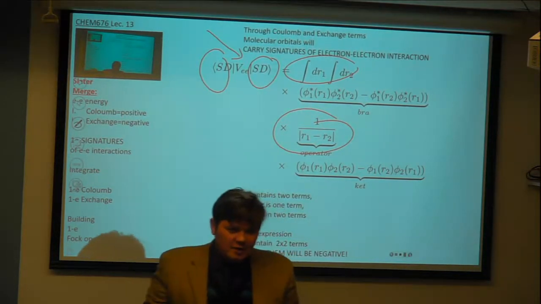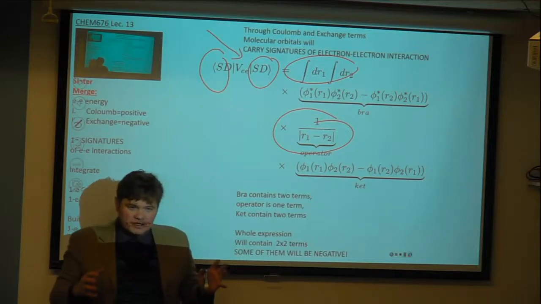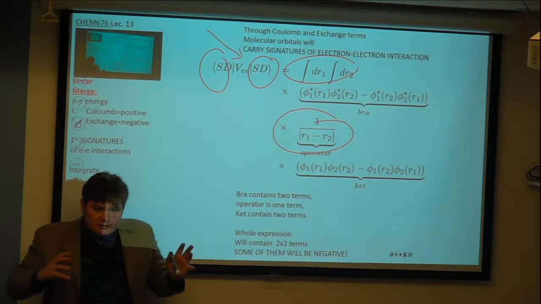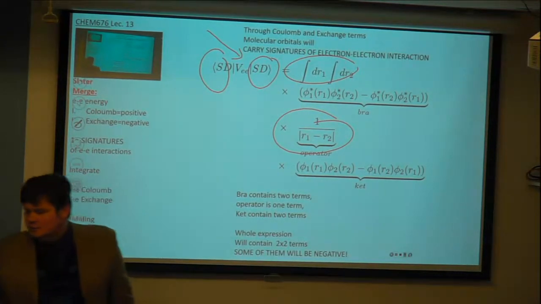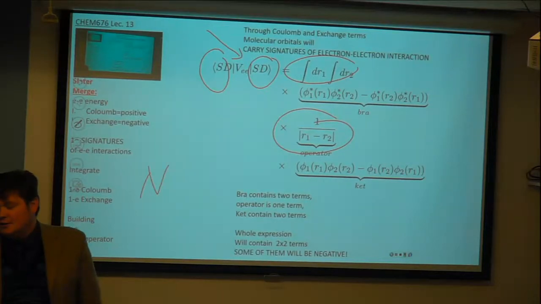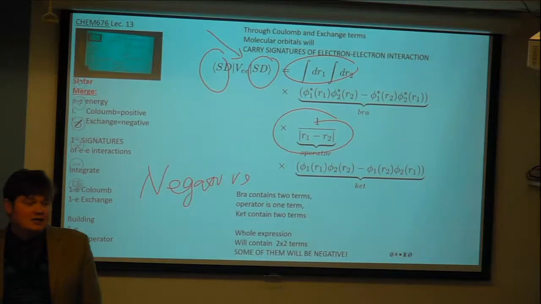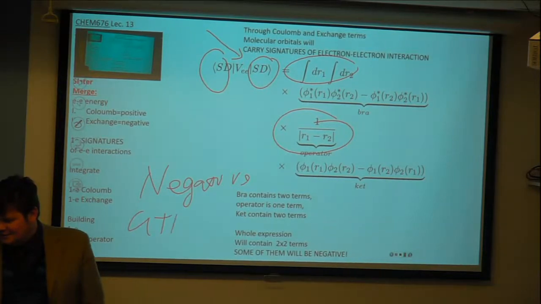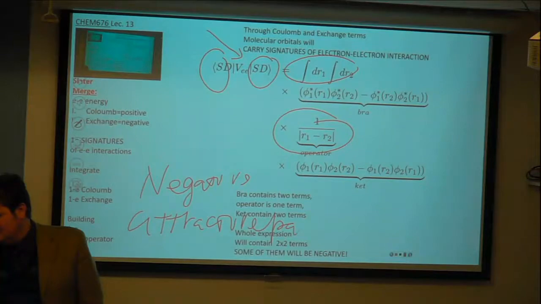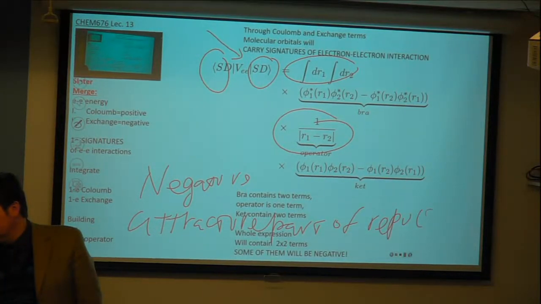So there is a part of Coulomb interaction that lowers energy. Maybe the best way to say it: the attractive part of repulsion.